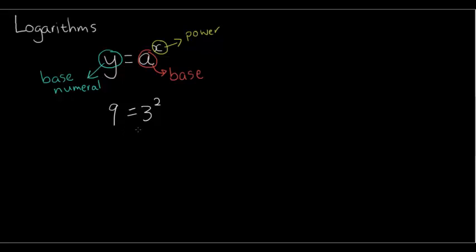Right, 9 equals 3 to the power of 2, because 3 times 3 equals 9. And let's say we didn't know that this number was 2. This number here is x. And we want to rearrange this equation to make x the subject.